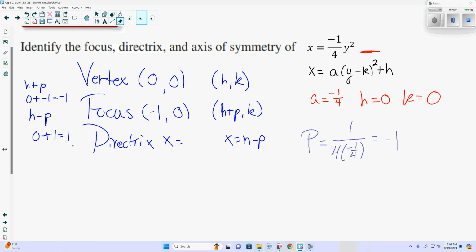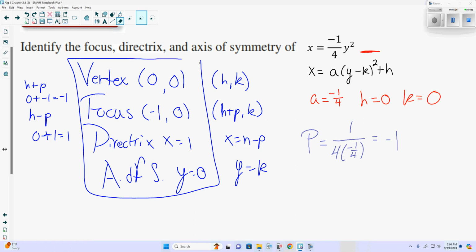So 0 plus 1 is 1. So the directrix is x equals 1. Last one is axis of symmetry. The general form is y is equal to k, and our value of k is 0, and that's it.